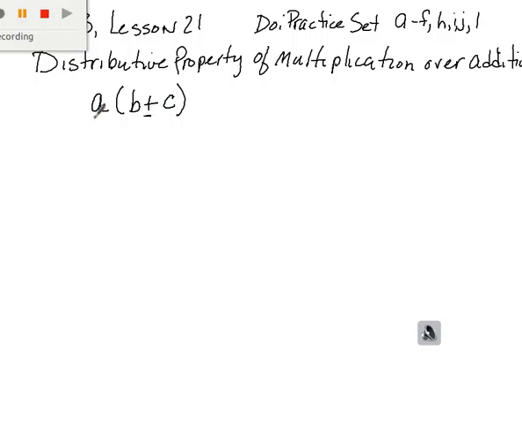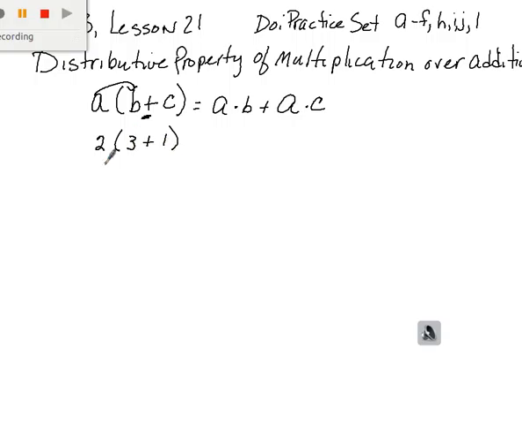You take your factor A times the first letter inside the parentheses, so it's going to equal A times B plus A times C. You would substitute your values for A and C and solve the problem. If you have numbers, suppose it said 2 times (3 plus 1).